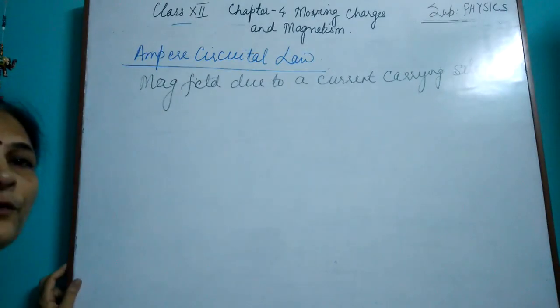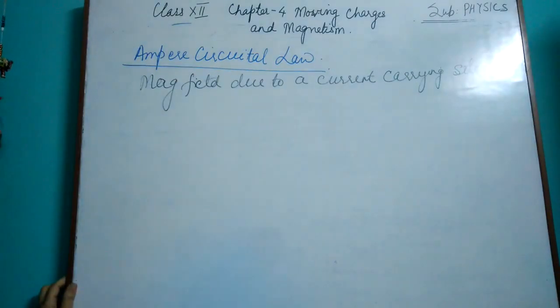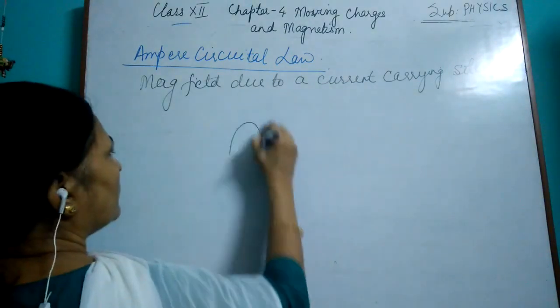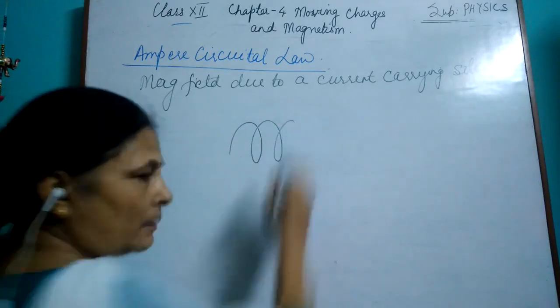Now solenoid, all of you know that it is in the shape of a spring in which the length is much bigger than its cross section. I'll make it on this side.